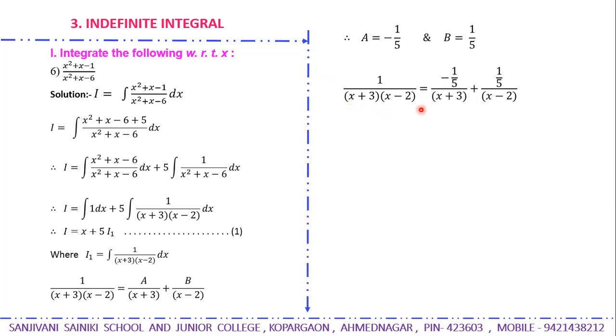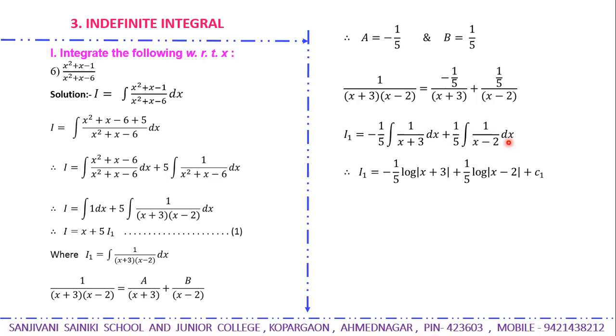So 1 upon x plus 3 into x minus 2 is equal to minus 1 upon 5 x plus 3 plus 1 upon 5 x minus 2. Minus 1 upon 5 integral of 1 upon x plus 3 dx plus 1 upon 5 integral of 1 upon x minus 2. Here the integral is log of x plus 3, and here it is log of x minus 2.